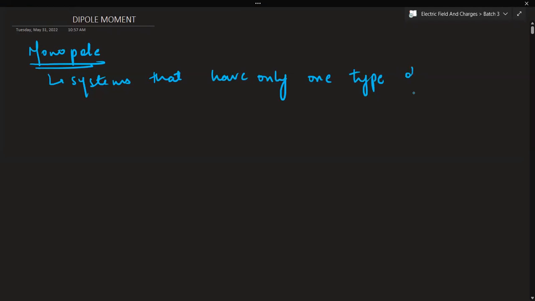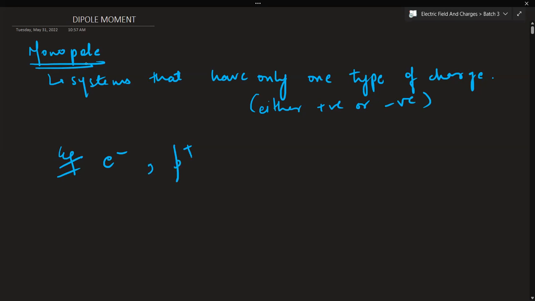It means there are two types of charges, so either positive or negative. For example, if I talk about an electron, electron is a monopole. Reason? Because it has only negative charge. If I talk about proton, proton is also a monopole. Reason? That it has only positive charge.